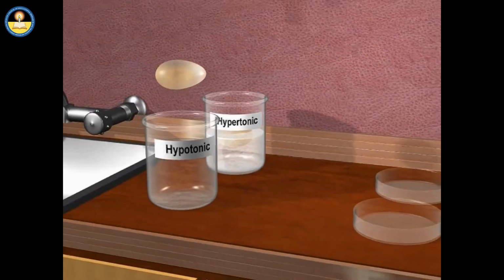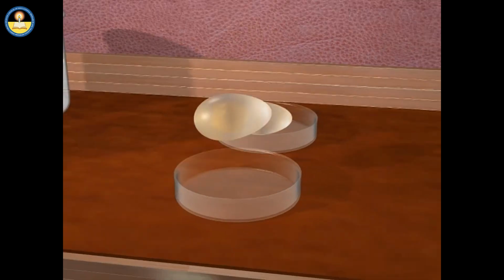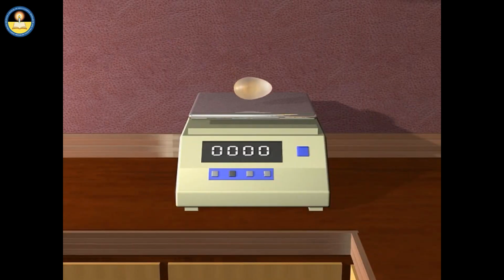Rinse and weigh again. Egg A is now 104 grams, as egg A was present in hypotonic solution. Water has entered the cell, thus increasing the mass.